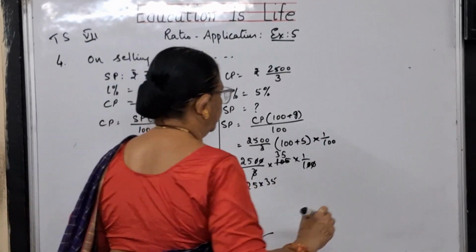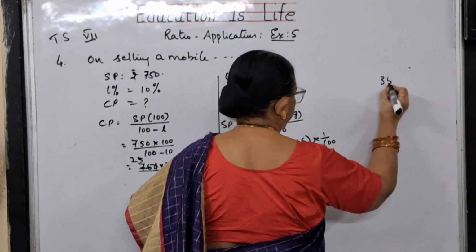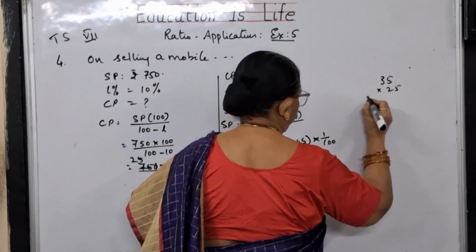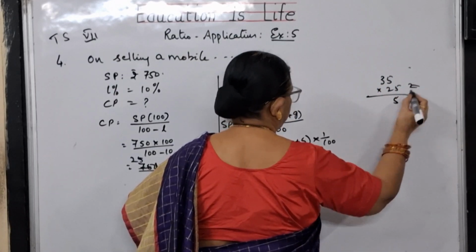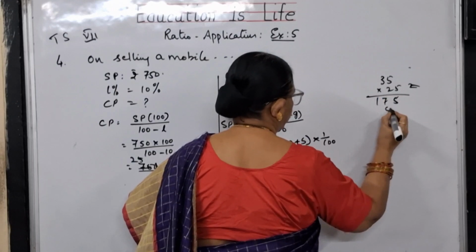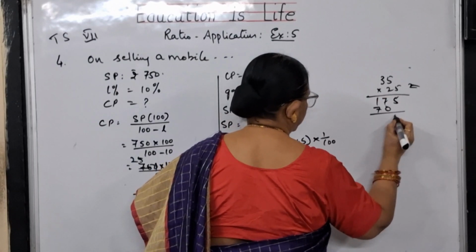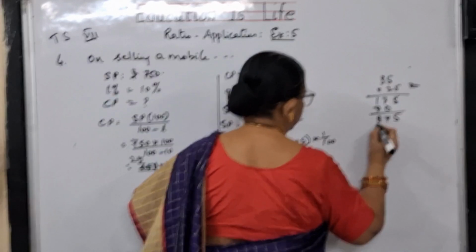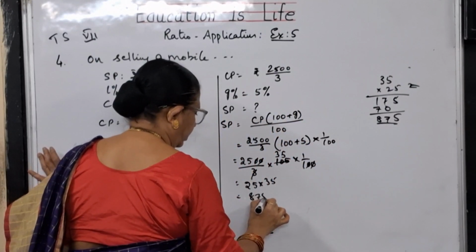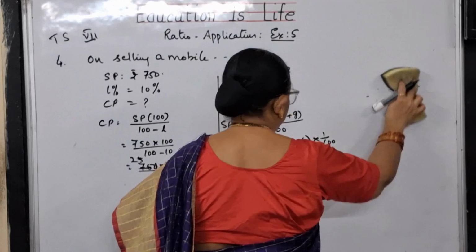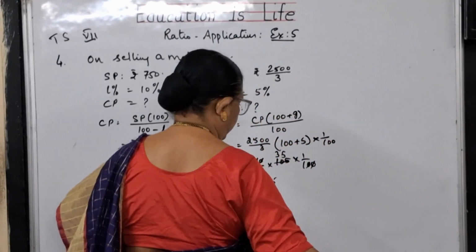So let us multiply 35 with 25. 5 5s are 25, 5 3s are 15, 17, 2 5s are 10, 7 and 8. So you are getting 875. You need the selling price.